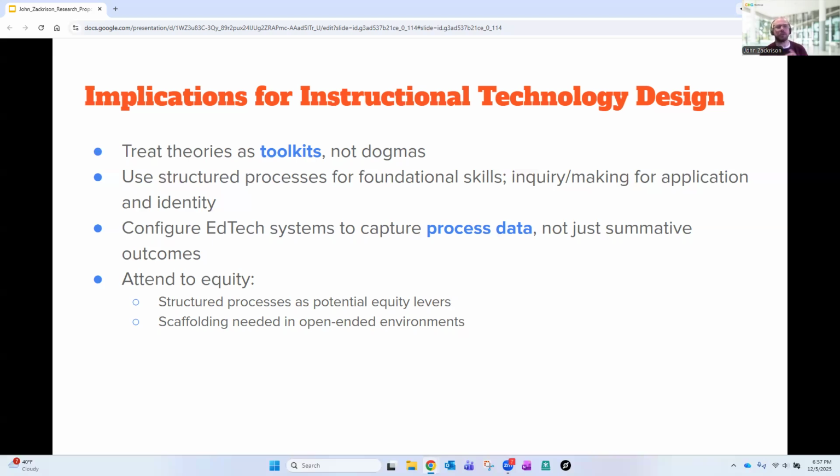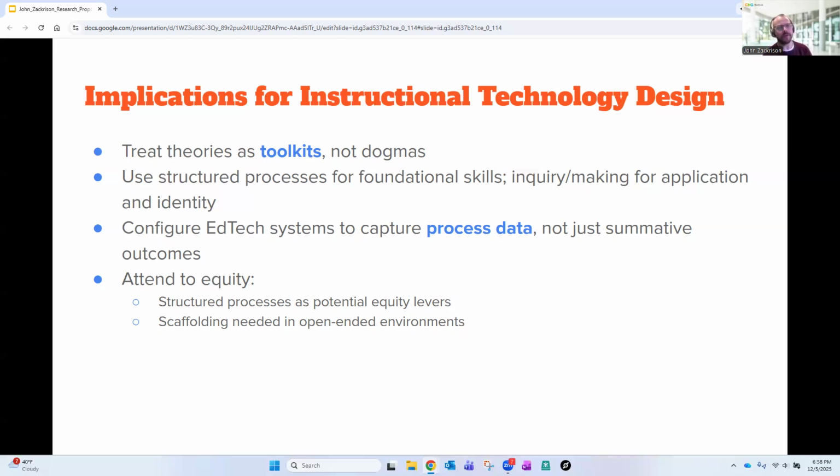For example, you could capture time on task, error patterns, participation in discussions, and all the things like that. If you can set these systems up to capture data, you can use the data in some way, and hopefully you're using that data to improve.